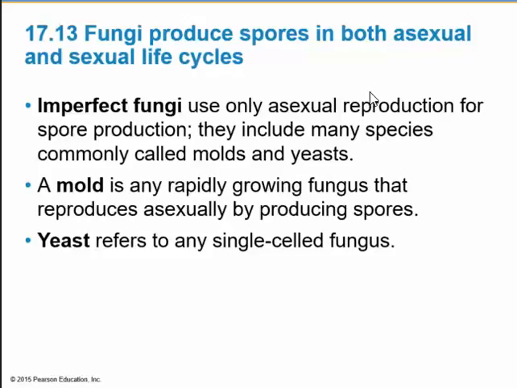Yeast are imperfect. Now, we define a mold as any rapidly grown fungus that reproduces asexually by producing spores, and they're also multicellular. Yeast are single-celled fungi. All right, let's see here now.